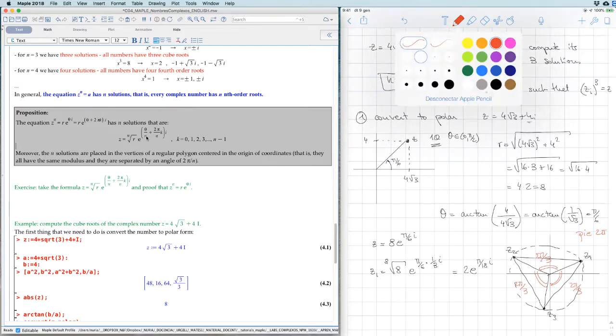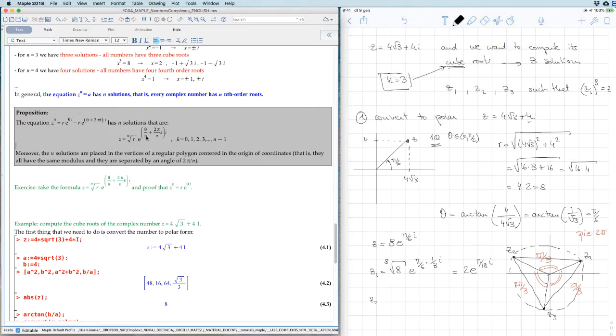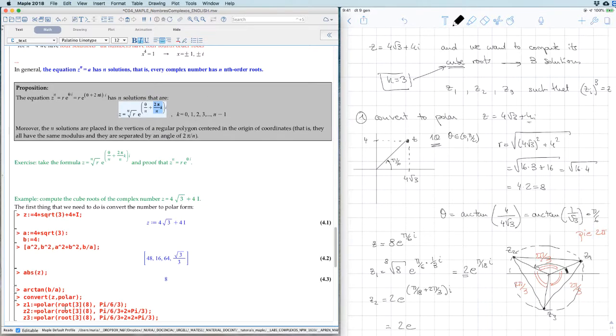Okay, so when I want to move to the second root, I'm going to have the same modulus, and the argument is going to be the original one, this one here, plus 2 pi over 3. This is equivalent to taking k equal to 1 in the formula. So in this case, what we are going to get is 2, and now let's do it in here. So I'm going to do pi over 18 plus 2 pi over 3.